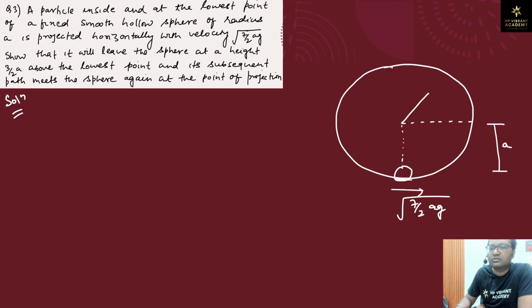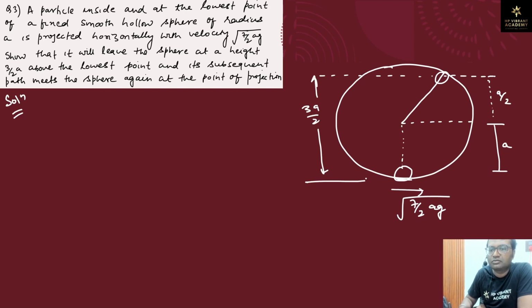Let us consider this distance as a upon 2. So this whole distance is 3a upon 2. So this is a, this is a upon 2.